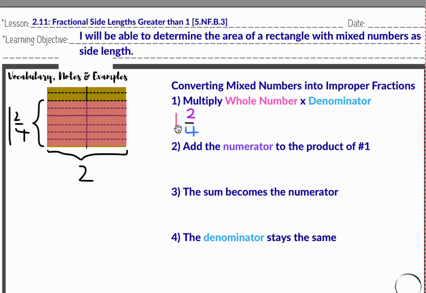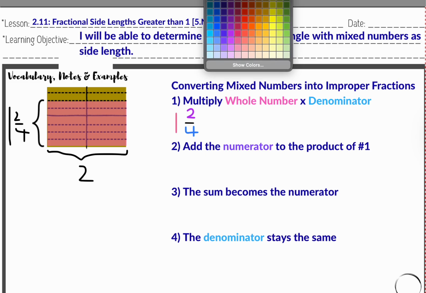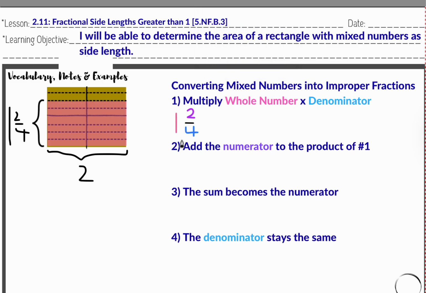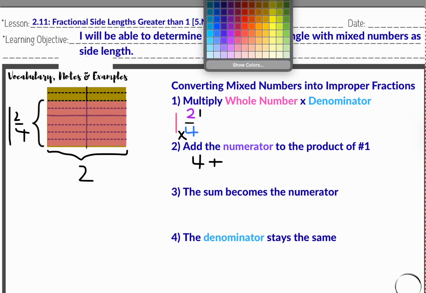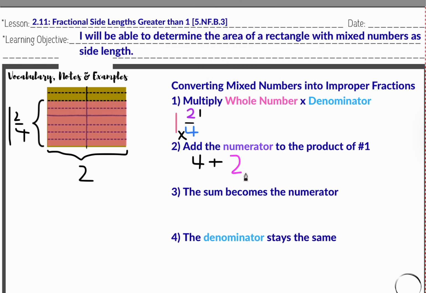What I'm going to do is multiply my whole number times my denominator, because every one whole is going to have 4/4. So I'm going to go 1 times 4 is 4. And I'm going to add the top number, my numerator. So 1 times 4 is 4, right? So I'm going to have 4 right here. And then I'm going to add my numerator, which is 2, because you have 2 extra 4s, right? So plus 2, and that's going to give me 6.